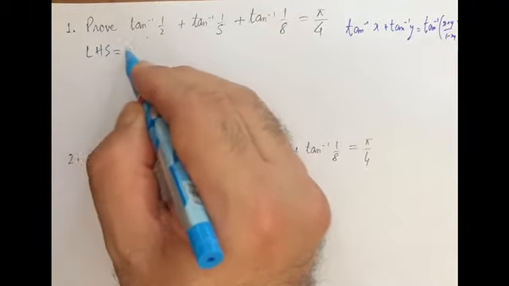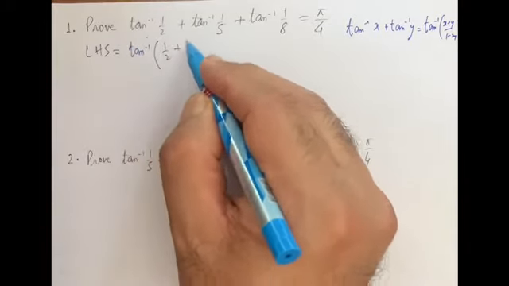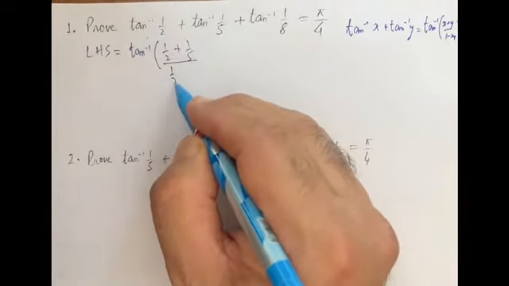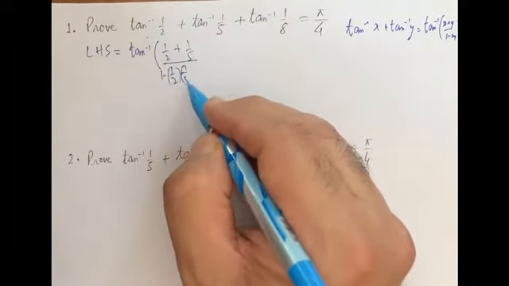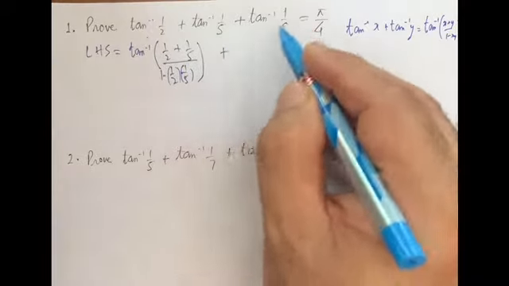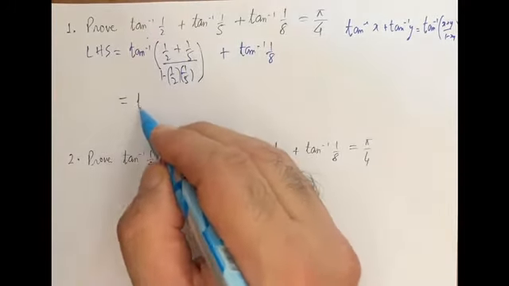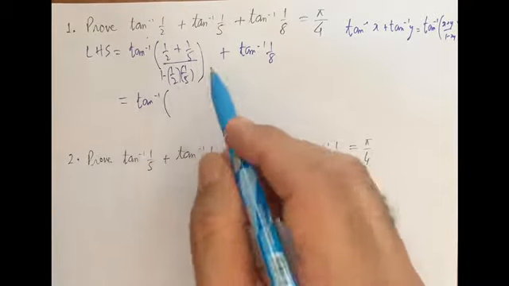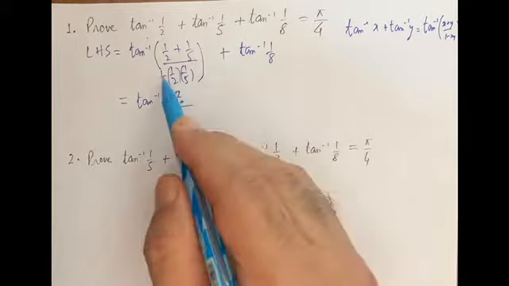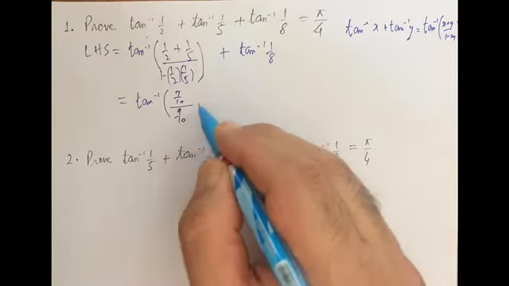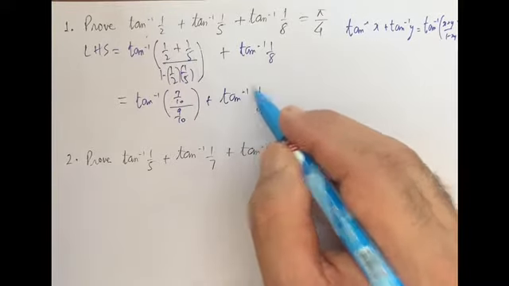We write left hand side, this is tan inverse of (1 by 2 plus 1 by 5) upon (1 minus 1 by 2 into 1 by 5), plus tan inverse of 1 by 8. This can be simplified. This is tan inverse of, this will be 5 plus 2, 7 by 10, this will be 10 minus 1, 9 by 10, plus tan inverse of 1 by 8.